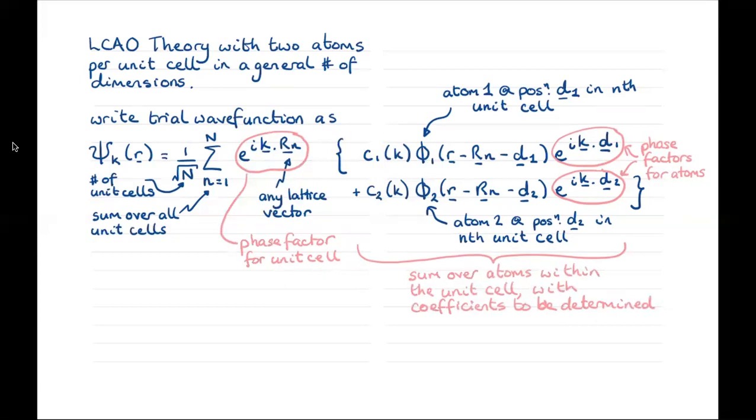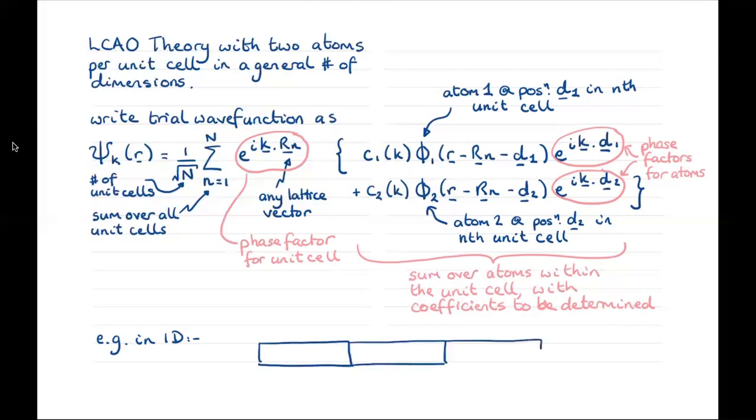If we sketch, for example, in one dimension, what our system looks like, here's our unit cell. There are two atoms in the unit cell, atom 1 and atom 2. Atom 1 is at position d1, and atom 2 is at position d2.